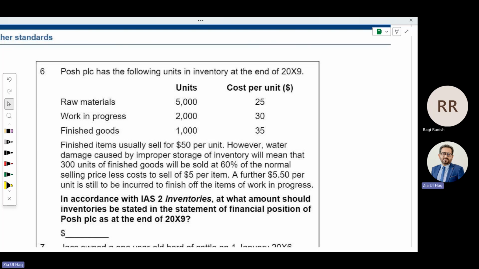Give me the figure. Sure. So, 214,300. 214,300. 210,000. Both are wrong. I need different answer. There is no option of 210 or 213,400. There are no options.